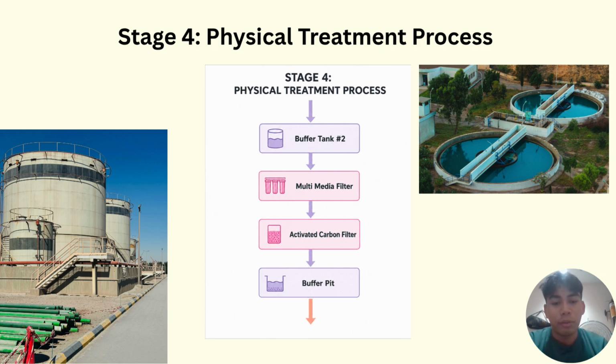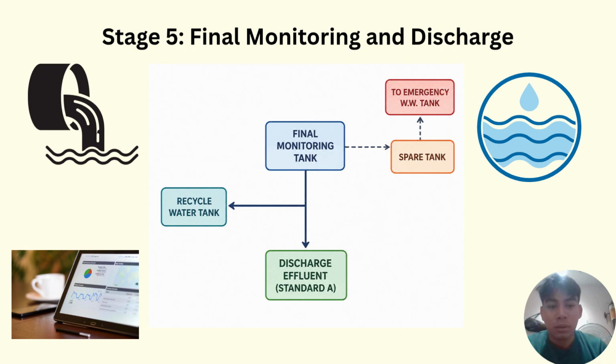Now, continuing on to the fifth and final stage of the Ajinomoto wastewater treatment plant. After the fourth stage, the wastewater will go to a final monitoring tank, which will monitor all the variables, like pH, toxicity, everything.